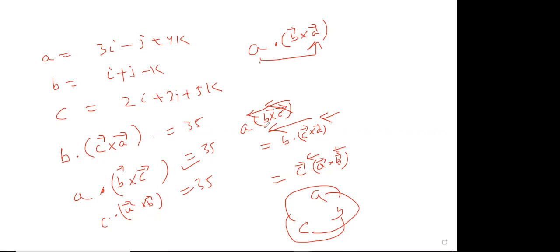Moving forward, we know that this is used to find the volume of a parallelepiped.